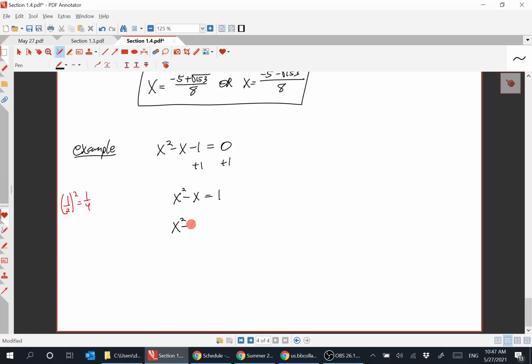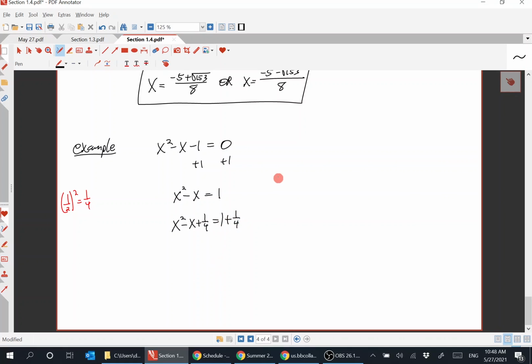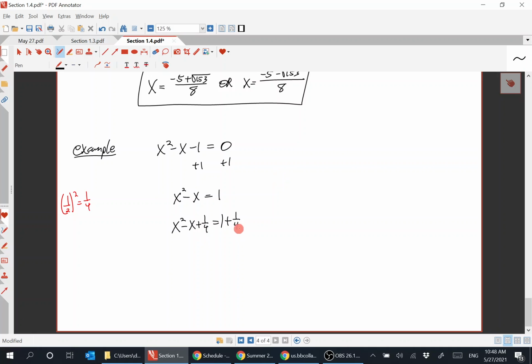So I have x squared minus x plus 1/4. You always add, by the way. Add 1/4 to both sides. So now this is x minus a half squared, and this is 5/4.